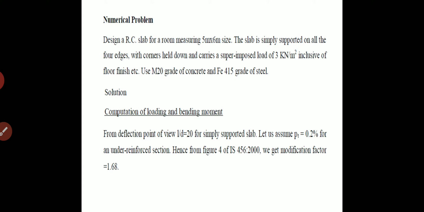Let's assume Pt, percentage of steel, equal to 0.2% for an under reinforced section. Hence, from figure of Indian Standard Code 456/2000, we get modification factor equal to 1.68. This value is taken from Indian Standard Code, as we discussed in analysis and design of two-way slab video.